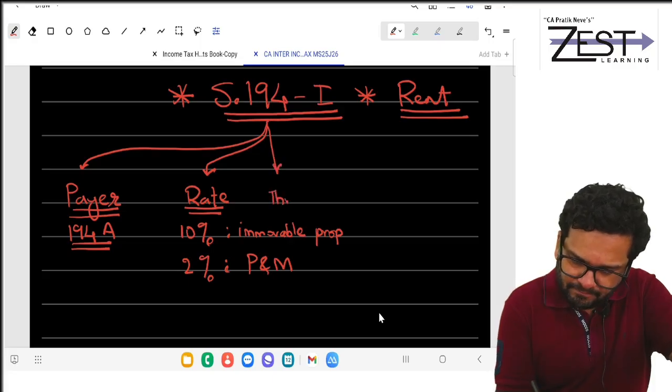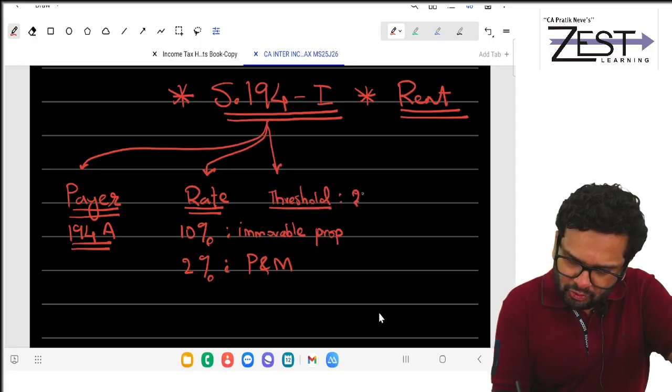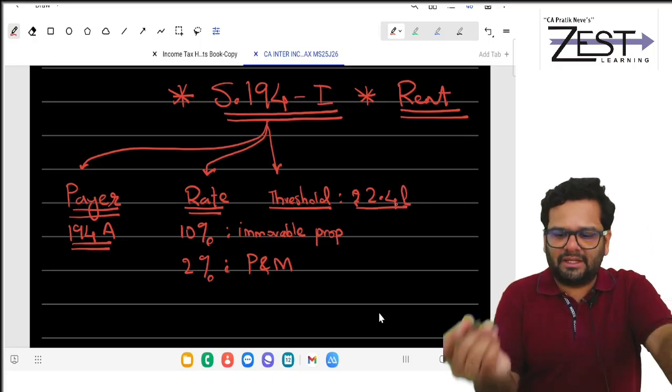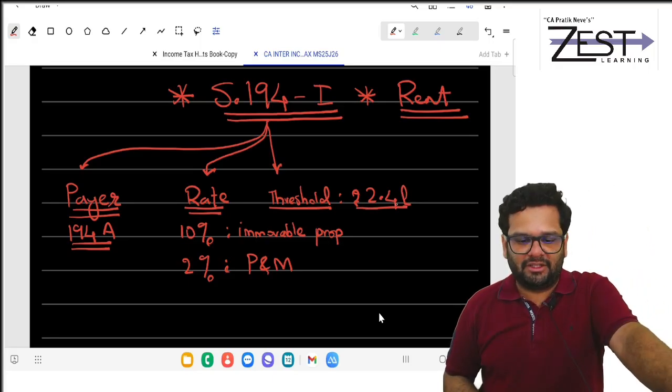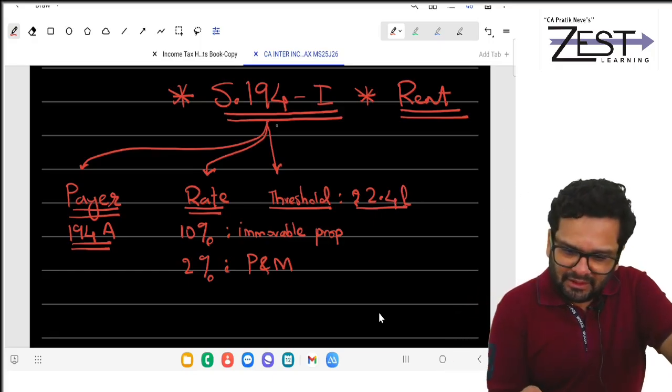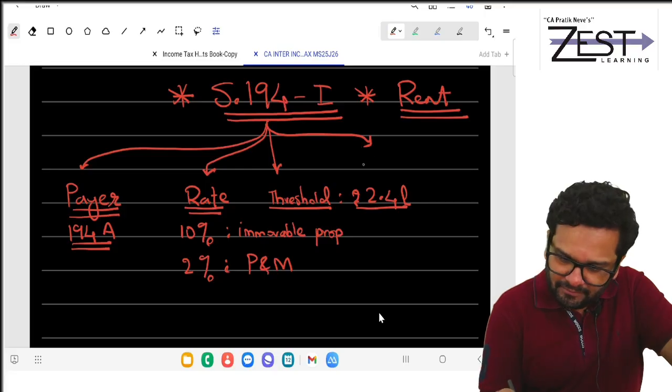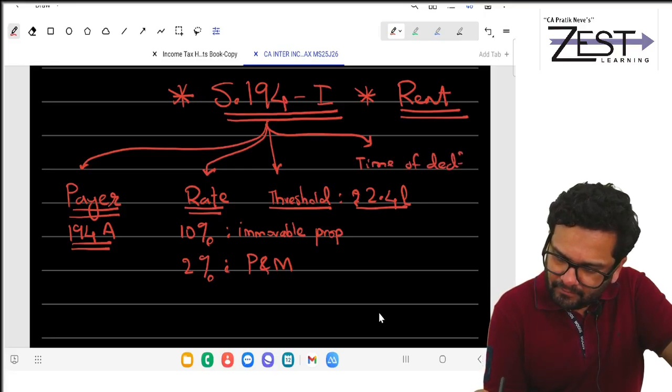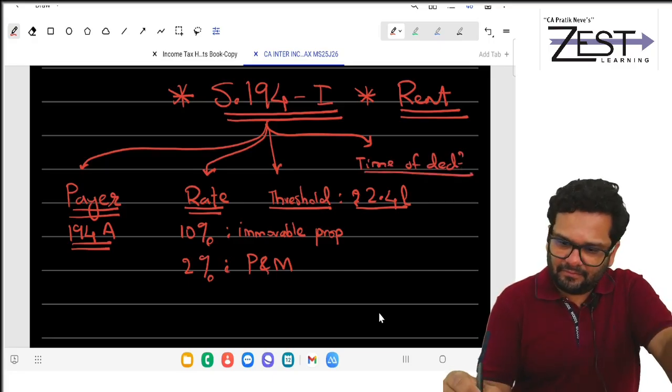Threshold: 2.4 lakh per annum. The time of deduction you know actually. Anything else? I don't think anything else.